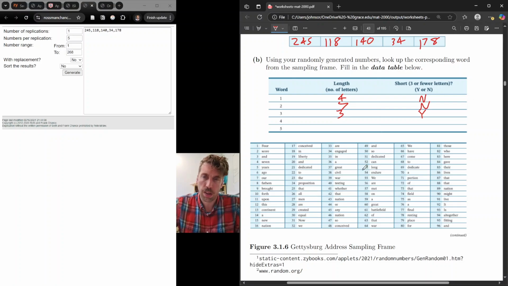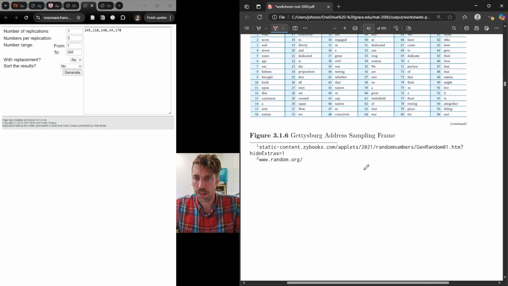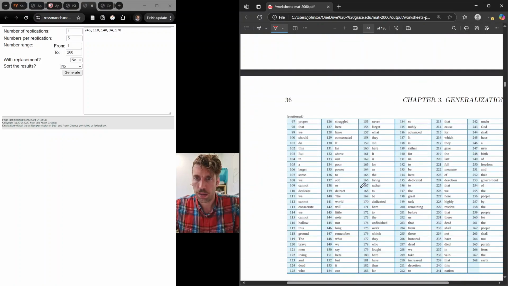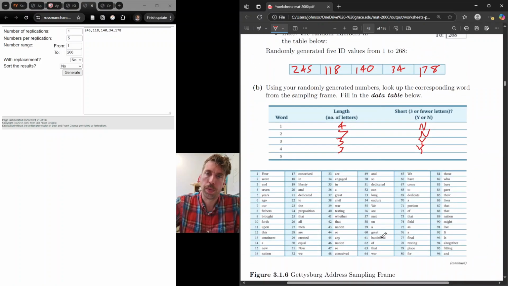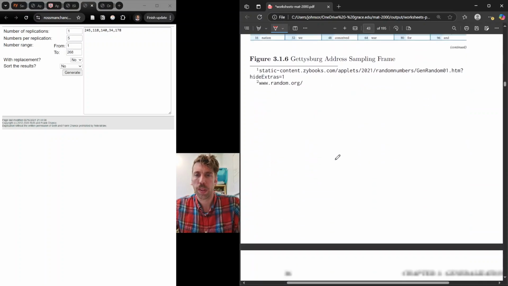The 34th word is "R," so that's 3, so yes. Sorry for the bad handwriting, I'm trying to write with the computer screen up. And then 178. 178 is "who," so that would be another 3, so yes. Okay.